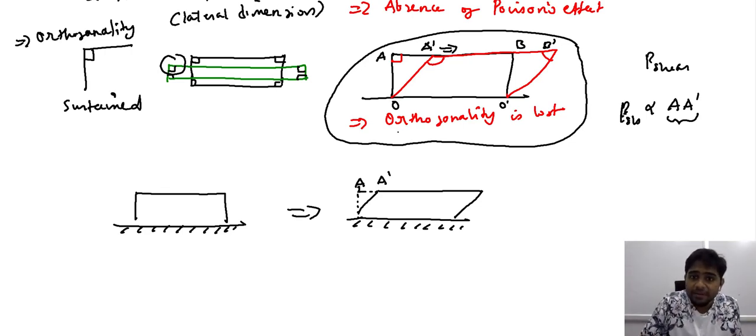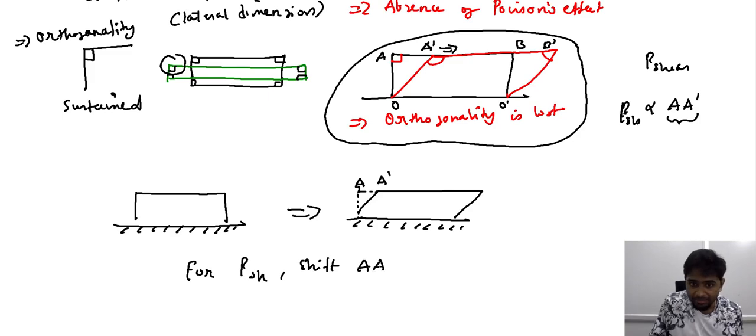In this case, the dimension of the sample influences the shift in the corner for a given loading condition. So for a given loading condition of P shear, the shift A prime is dependent on the length OA.